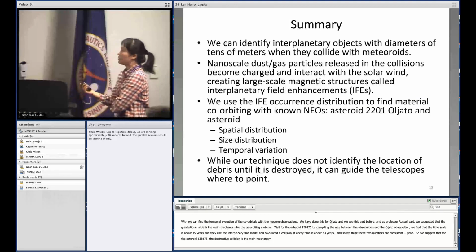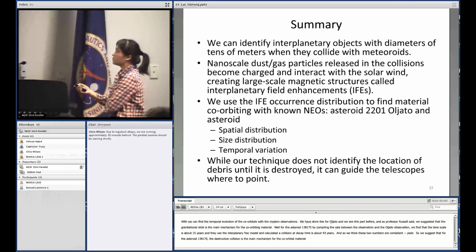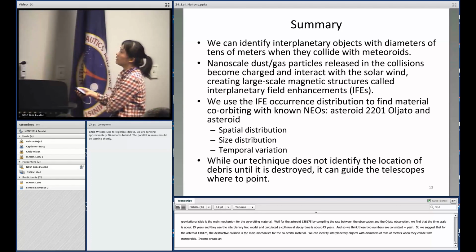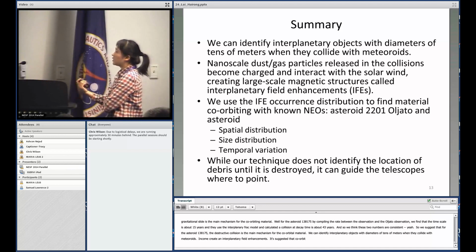So in summary, we can identify interplanetary objects with diameters of tens of meters when they collide with meteoroids. Nanoscale dust particles released in these collisions perturb the solar wind and create the interplanetary field enhancements. We suggest that co-orbiters of Oljato and 138175 produce many IFEs in their sensitive regions.